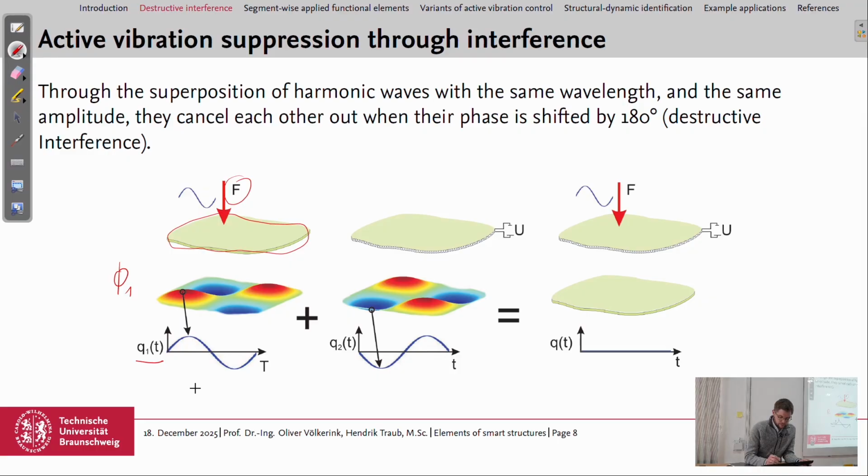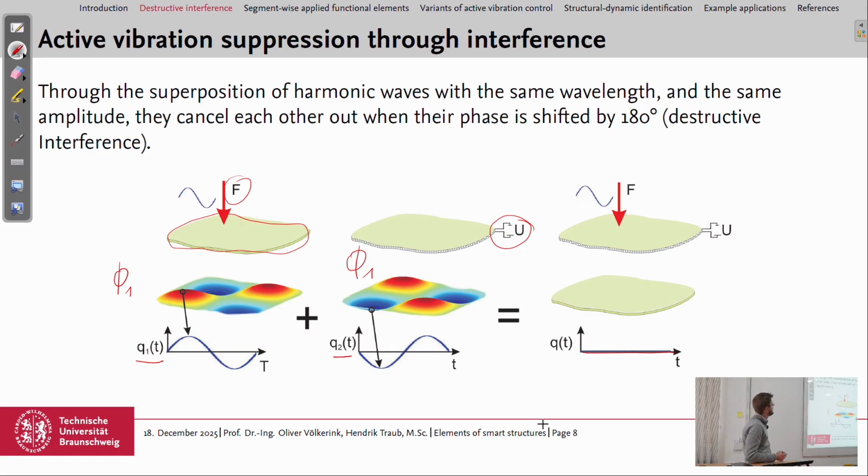And if we then use an actuator with a current voltage U to excite the structure in the same eigenmode, but with a 180-degree shift in phase, then both of these vibrations would cancel out, and we have a calm, not vibrating structure.